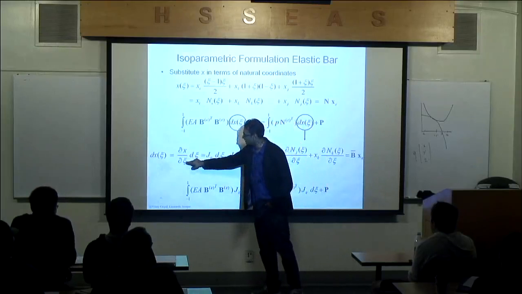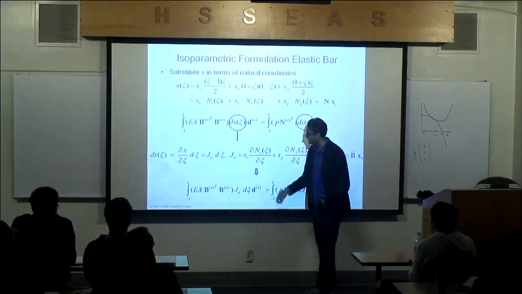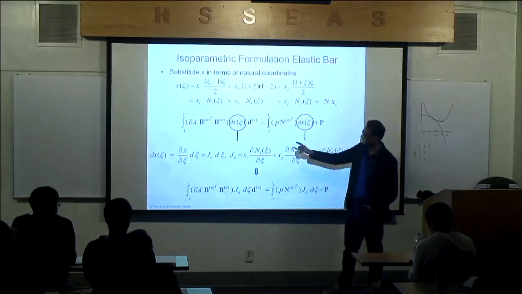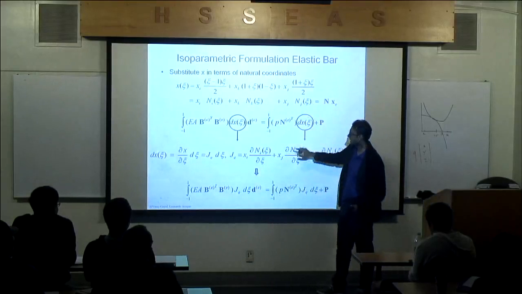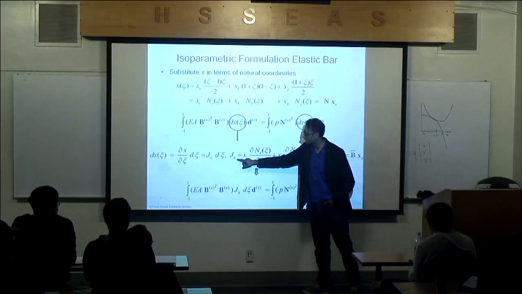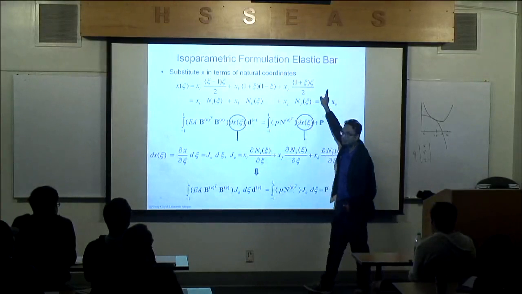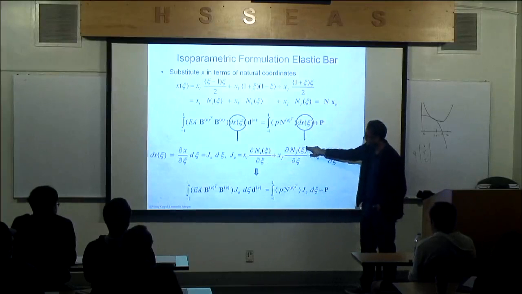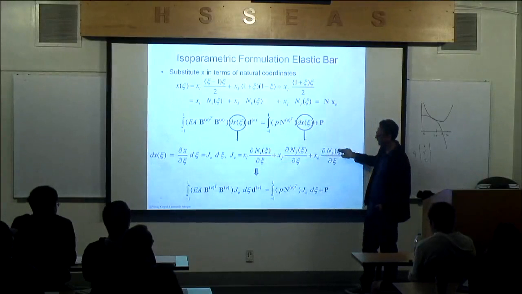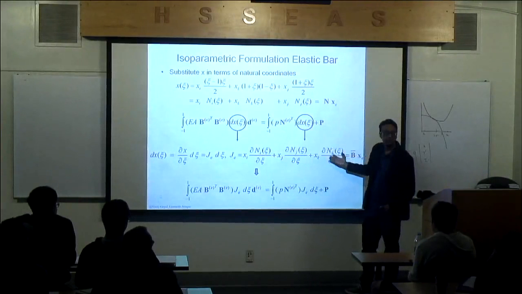But dx/dξ, we call it J. Now that I know x, I can calculate what J is, which is dx/dξ. So just take the derivative of this with respect to ξ, so then you have Ni as a function of ξ, Nj with respect to ξ, Nk with respect to ξ. So that's your J right there.